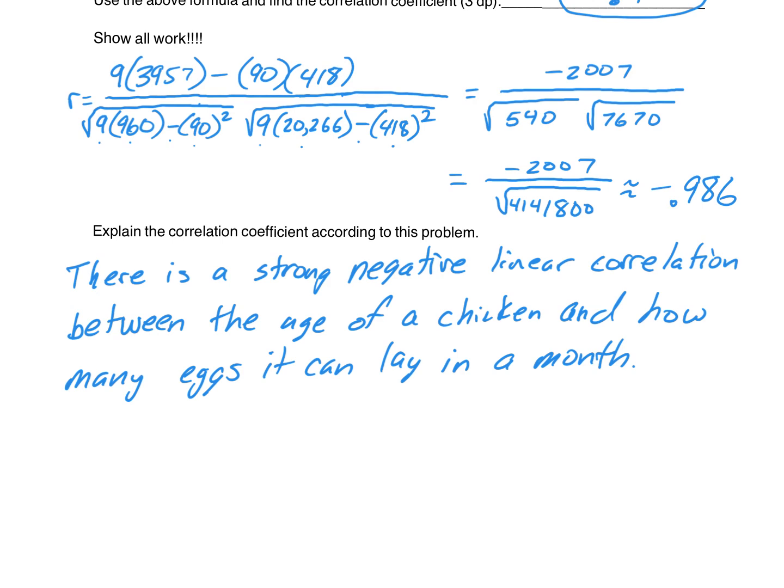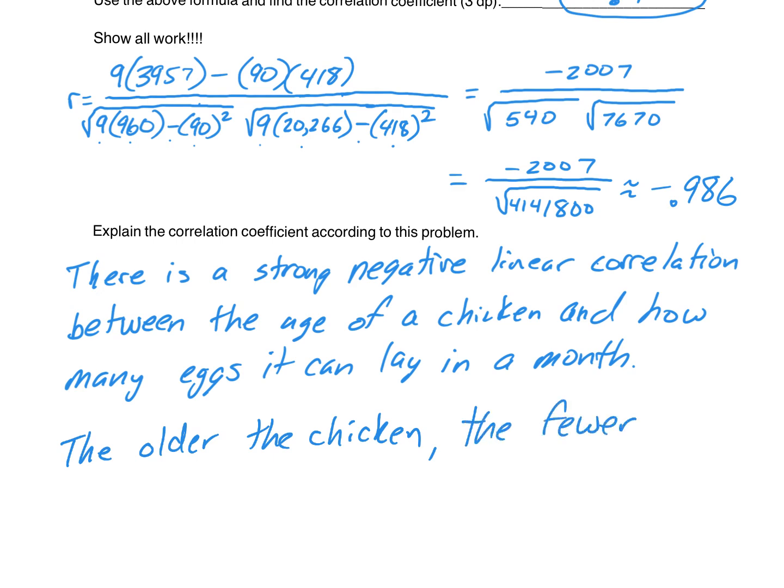Therefore, since we know this is going in a negative direction, you must also put the answer to the question. The older the chicken, comma, the fewer eggs it lays.